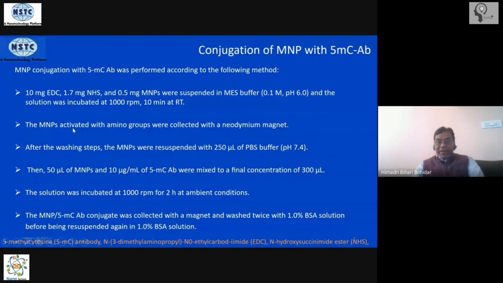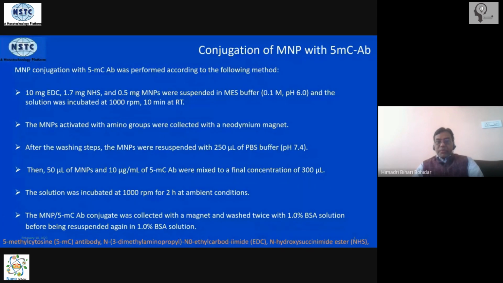Then the magnetic nanoparticles, which are now surface functionalized with amino groups, you capture them on the magnet. These magnetic nanoparticles are resuspended in a phosphate buffer at pH 7.4.